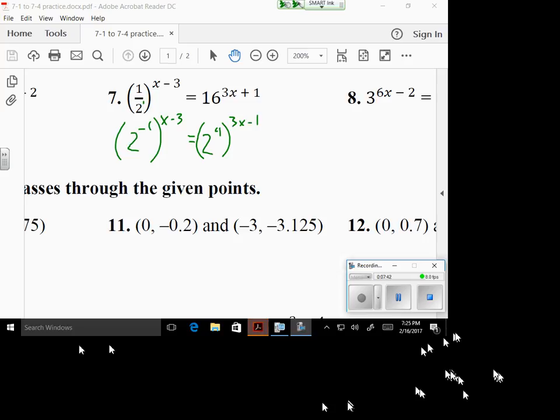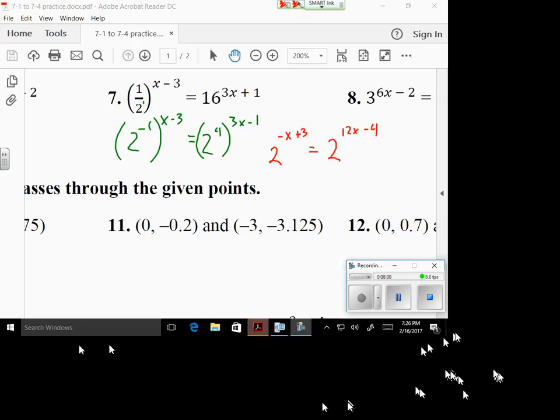So when you multiply your exponents together again, you get 2 to the negative x plus 3 would be equal to 2 to the 12x minus 4.